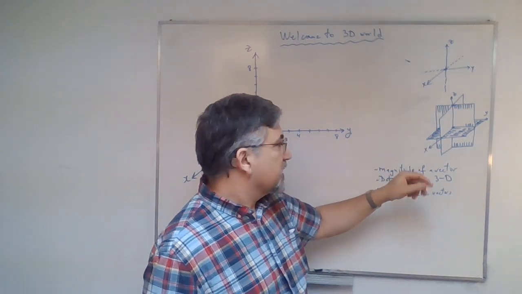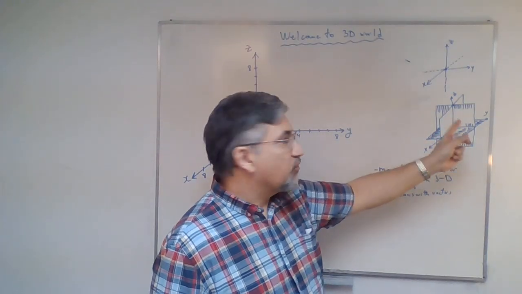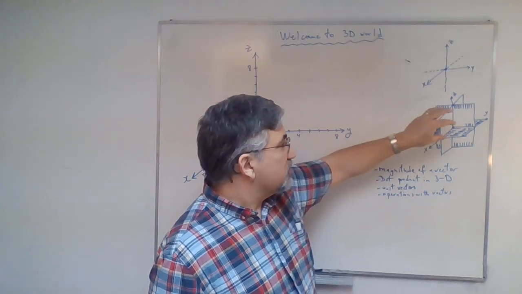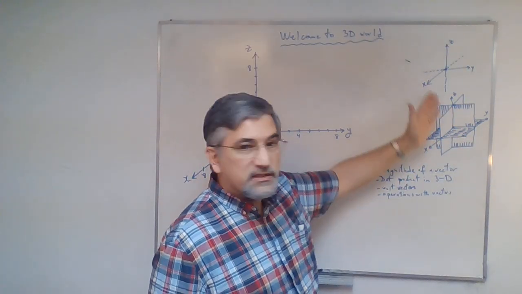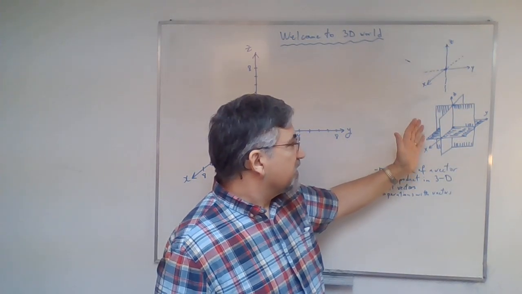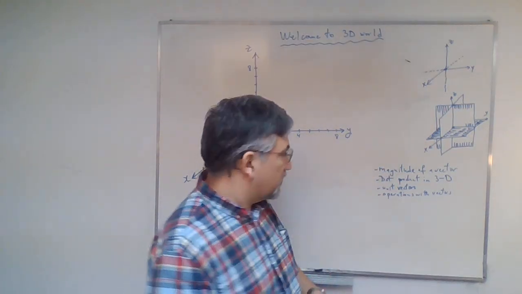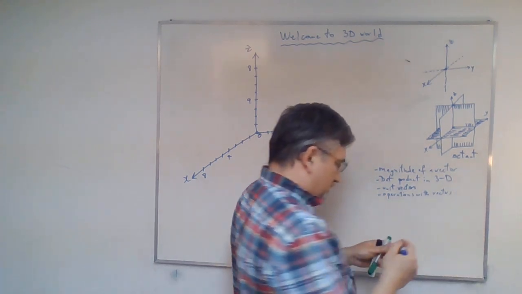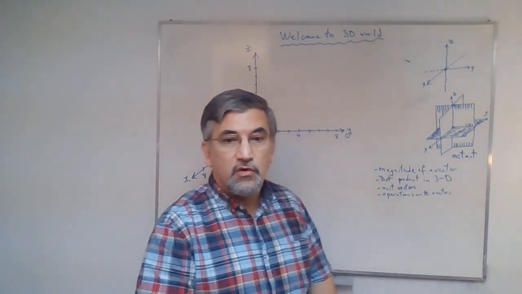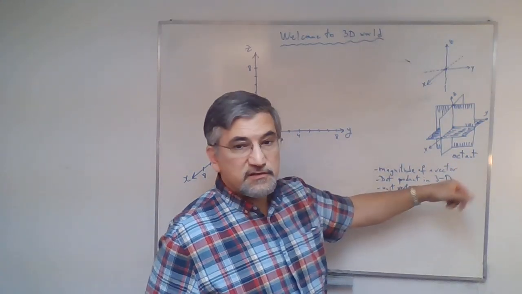So we have 4 octants at the bottom and 4 octants at the top, and each of these spaces divided by these axes and perpendicular planes is called an octant, O-C-T-A-N-T. So in a plane we had quadrants, and now in space we have octants.